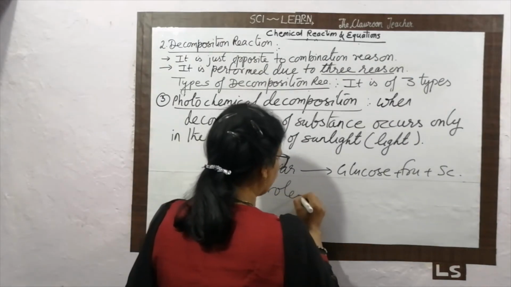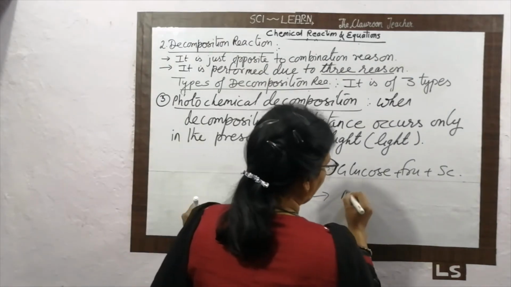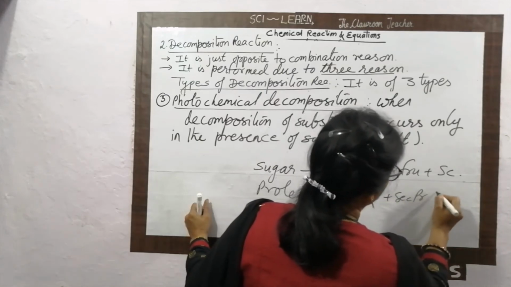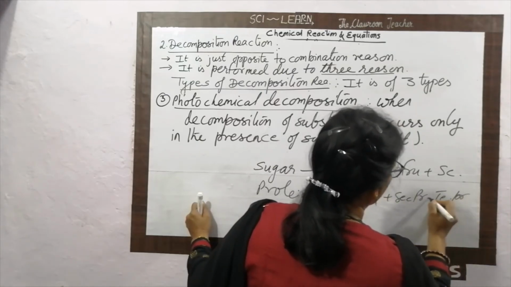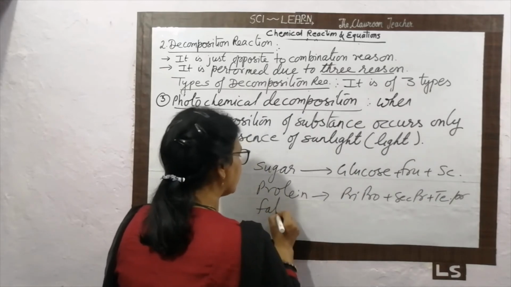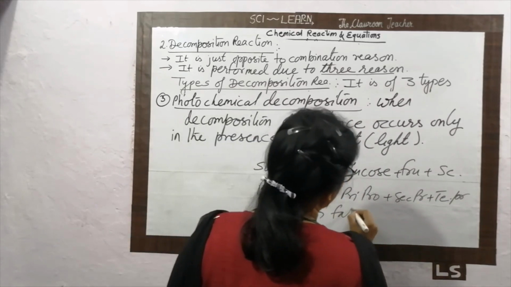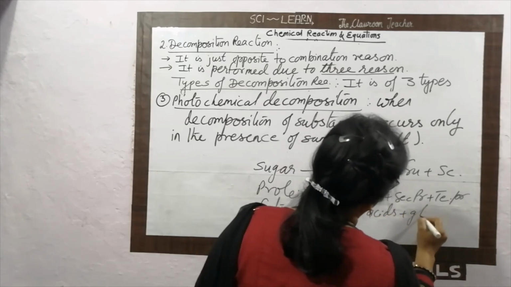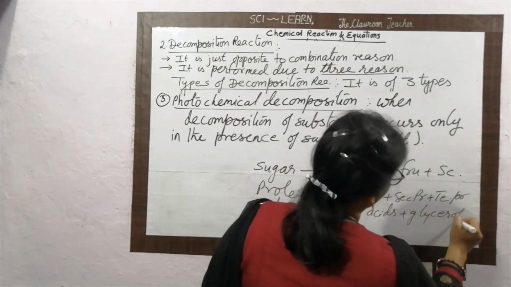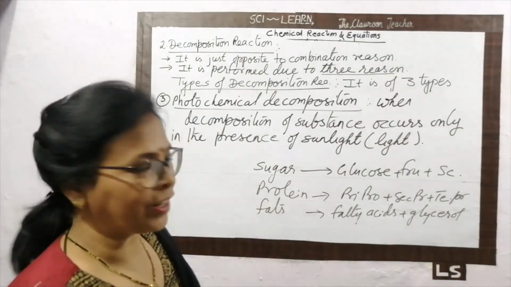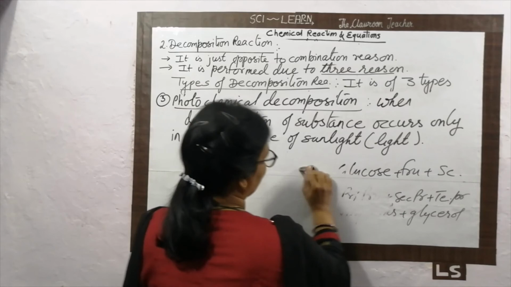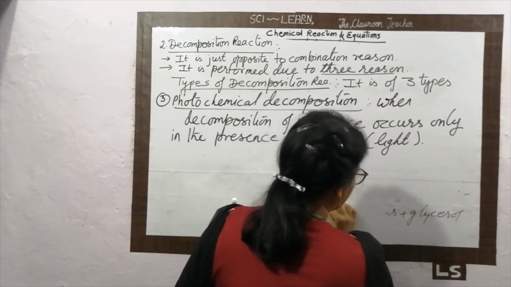Protein gets broken up into primary protein, secondary protein, tertiary protein, and so on. Fats also get decomposed into fatty acids and glycerol. Okay, so this is the process of decomposition. The best application of decomposition is the digestion of food.